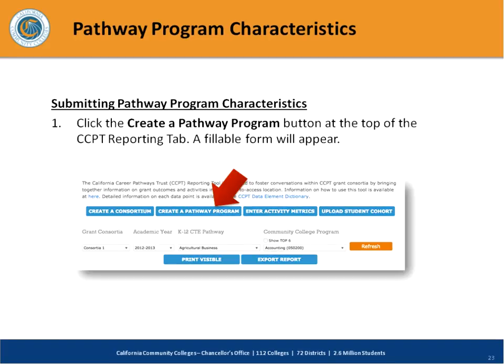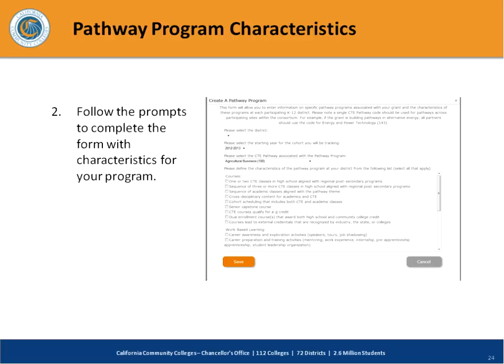The way you're going to get this information into the LaunchBoard is very straightforward. You're going to be clicking again on a button at the top of the tool that says Create a Pathway Program, and then it's a very simple form that you're going to fill out to put this information in. At the top here, you're going to select the district that this grant is associated with. You'll pick the starting year for the cohort, because we realize that pathways may change.